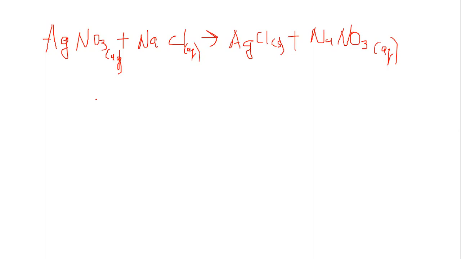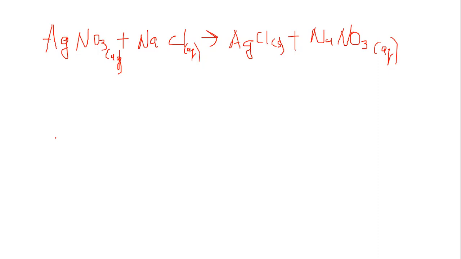How can we write the ionic equation? Do you remember that? Maybe we can separate the elements. Yeah, you need to separate this compound into ions. How to make ions from here, for example?